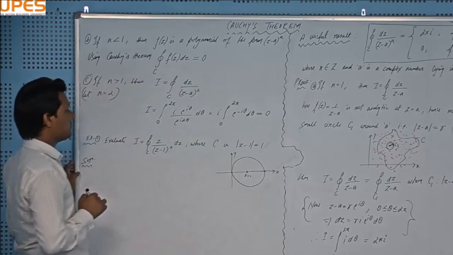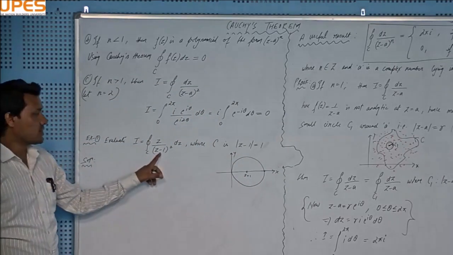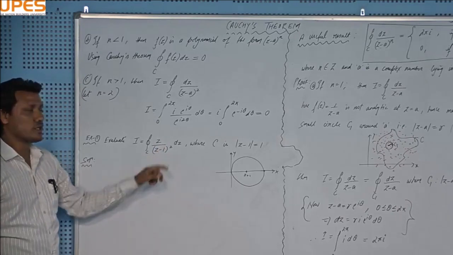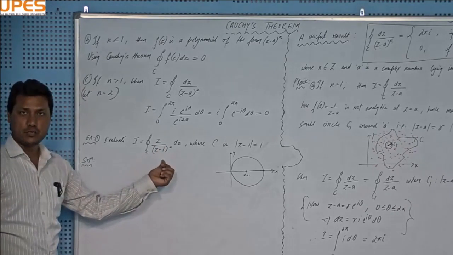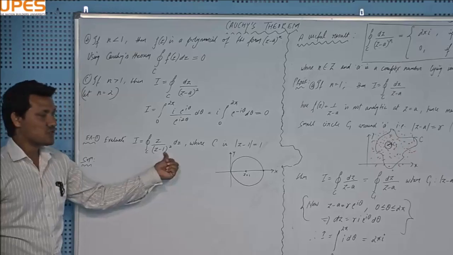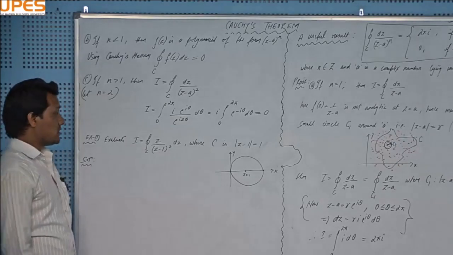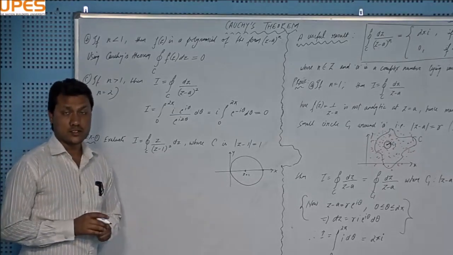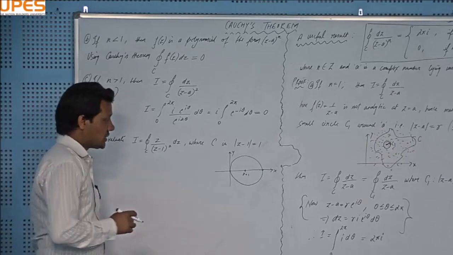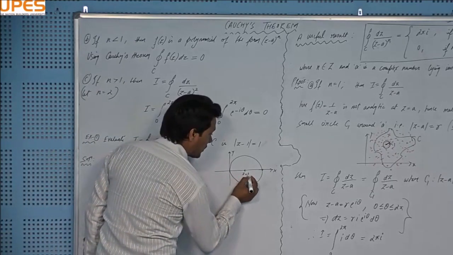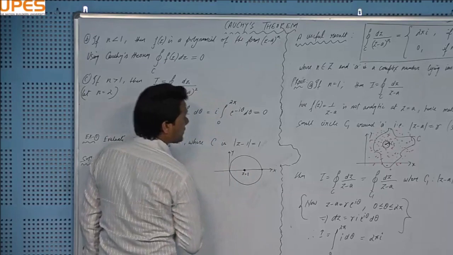And you will see that this function f(z) equal to z over (z minus 1) whole square is not analytic at z equal to 1, because the denominator is becoming 0 at z equal to 1, right?